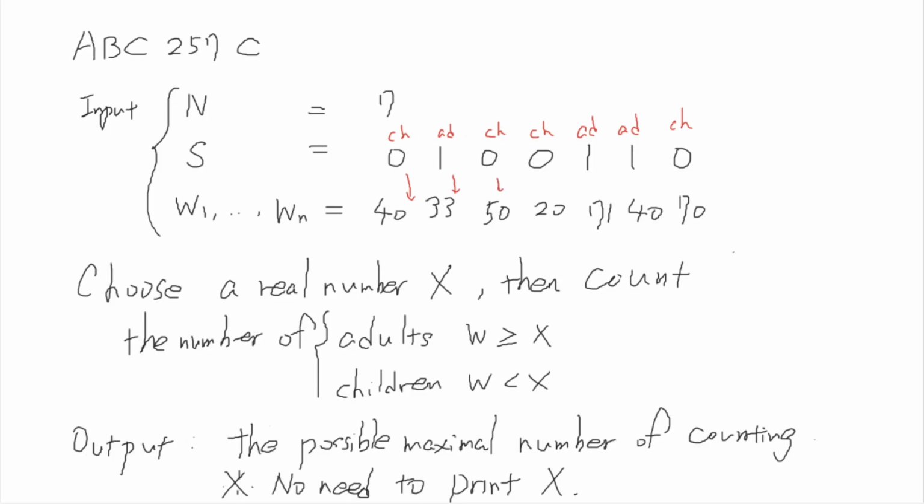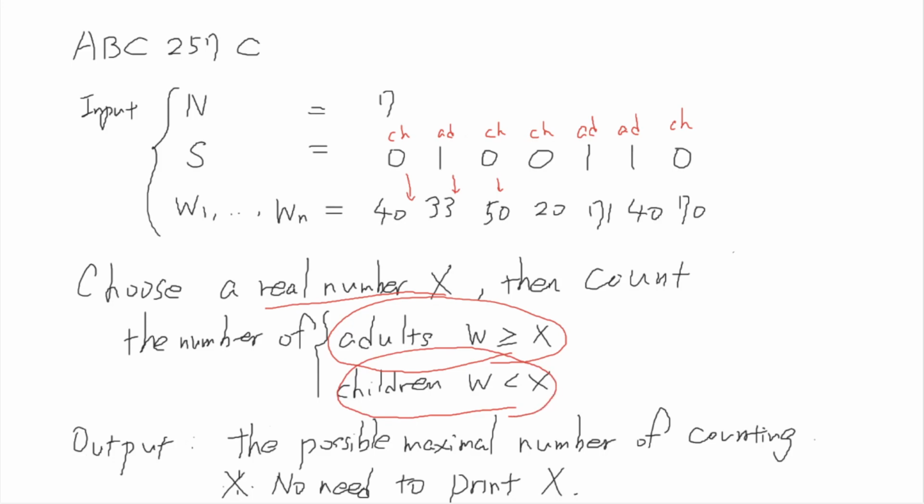Then we choose any real number x and count the number of adults whose weight is greater than or equal to x, and children whose weight is less than x.